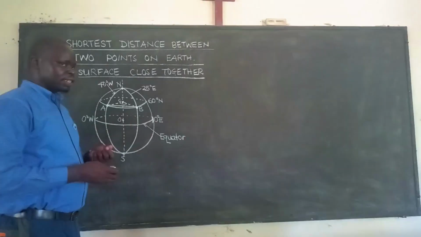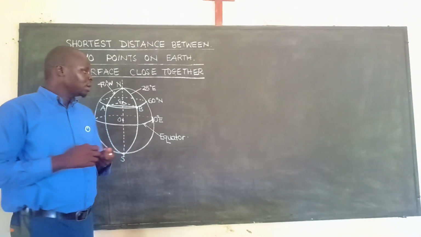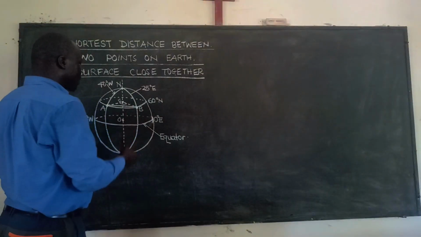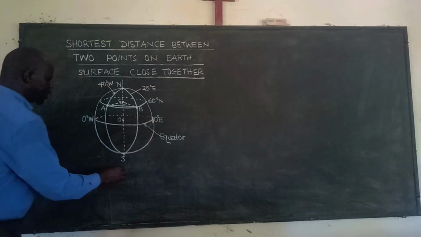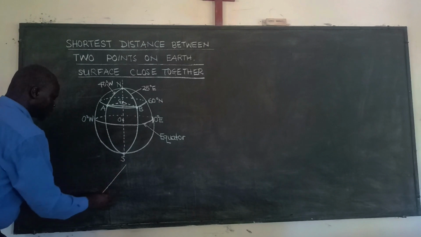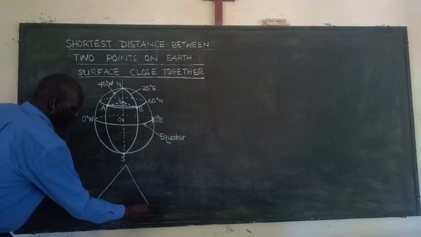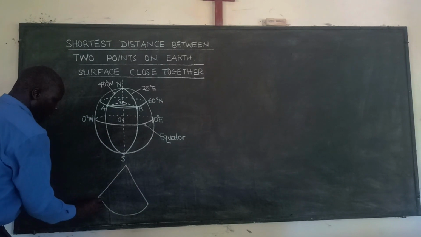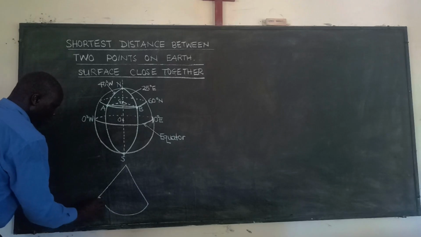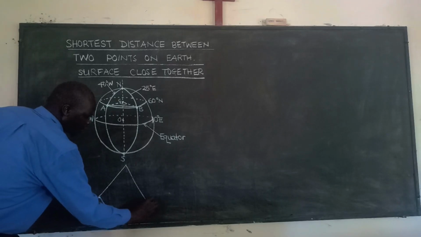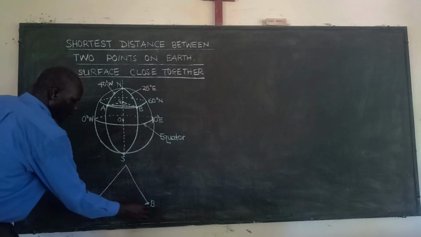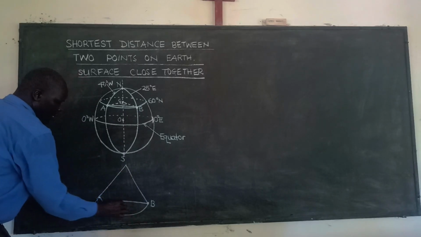And for now, since it is facing us, we may not see well, but we can redraw this diagram outside and we have something that looks like that. Like here, if this is our point A and this is point B, we can draw a straight line.